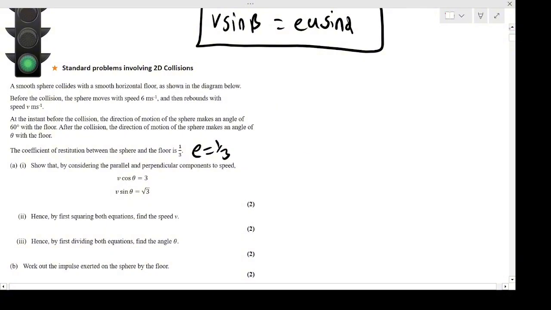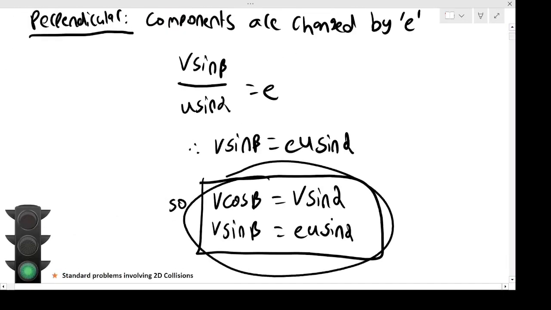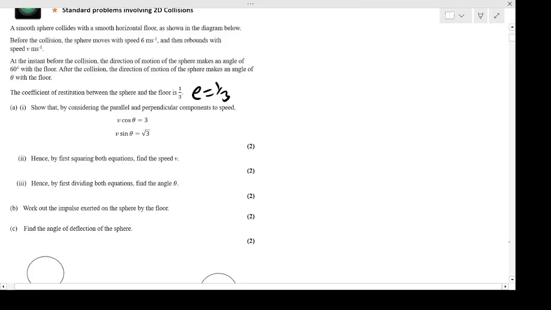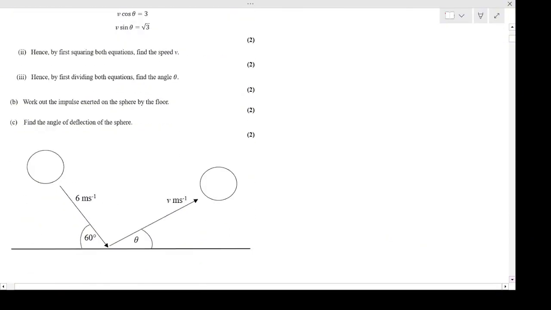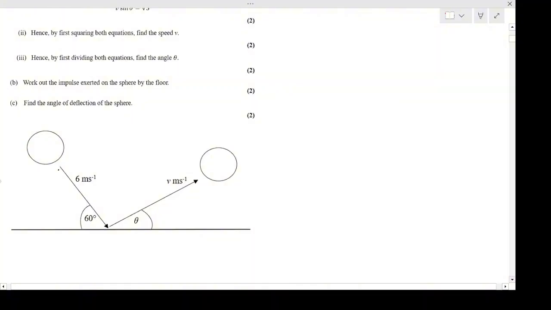So it says, firstly, by considering the parallel and perpendicular components of the speeds, we need to get these two equations here, okay? Remember, we mentioned that we should always get these two equations. So let's have a look at it here. Firstly, if I split up the speeds, before, this is going to be 6 sine 60, and this is going to be 6 cos 60.